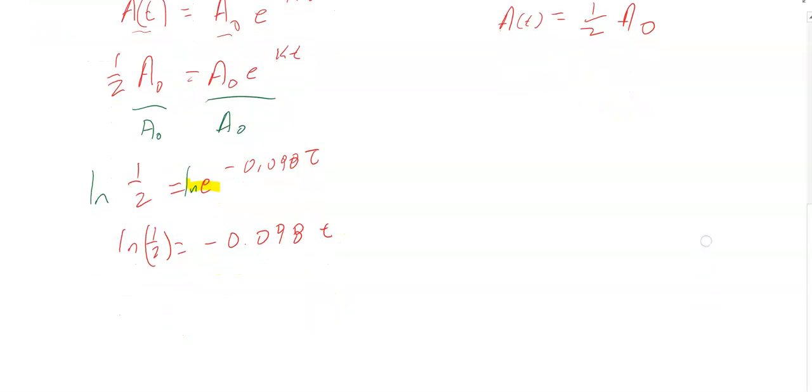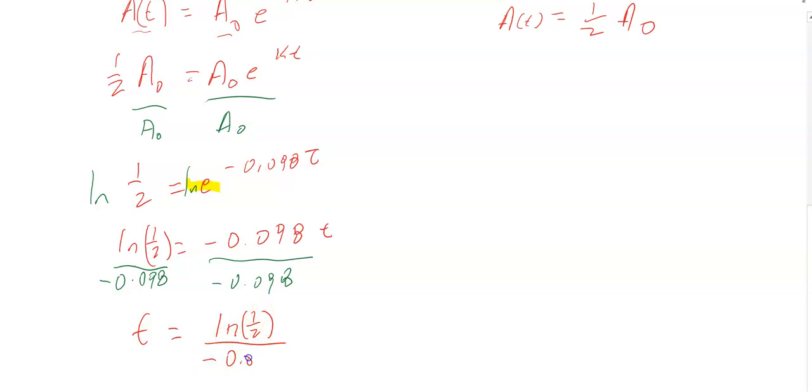Then to find t, we divide both sides by negative 0.098. Because ln 1/2 is negative and negative 0.098 is negative, we end up with a positive t. So t is equal to ln of 1/2 over negative 0.098.